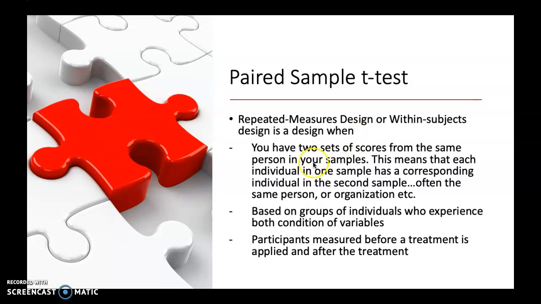This means that each individual in one sample has a corresponding individual in the second sample. Often it refers to the same person or organization, based on a group of individuals who experience both conditions of the variable. So a paired sample t-test must involve the same group or same individuals, who are measured before a treatment is applied and also after the treatment.